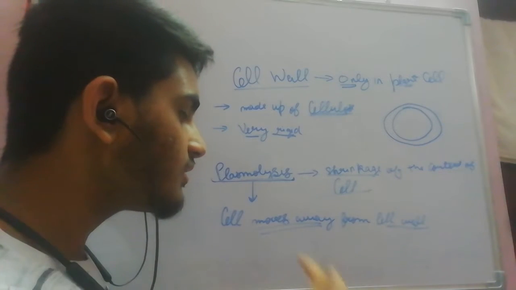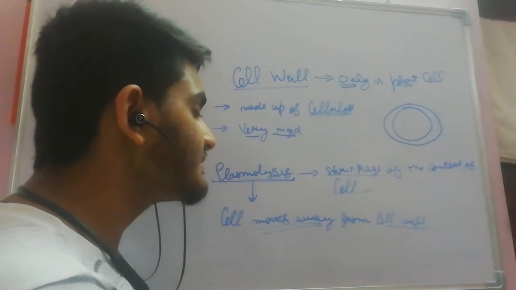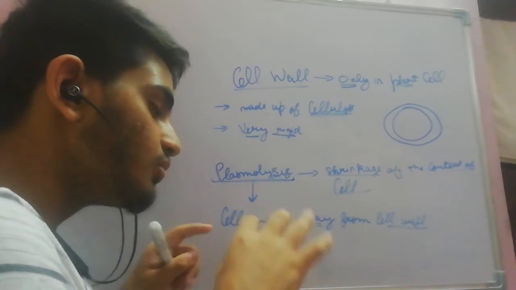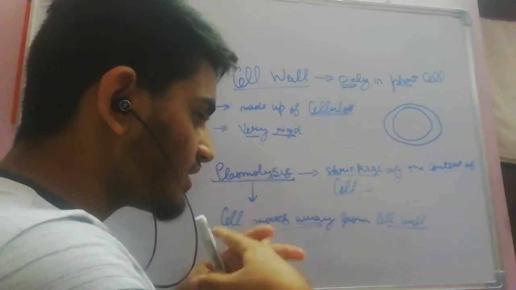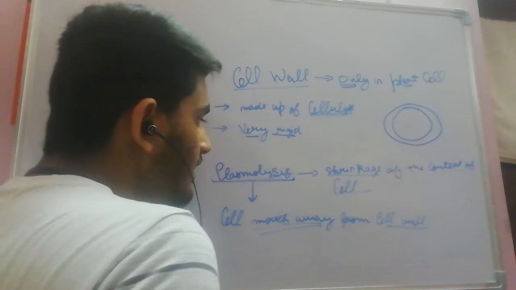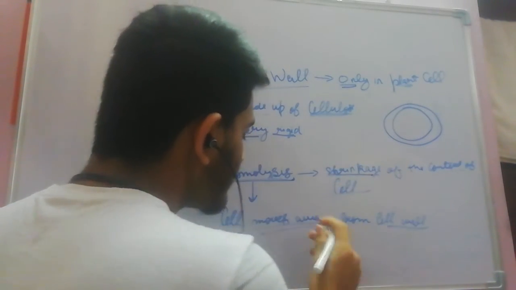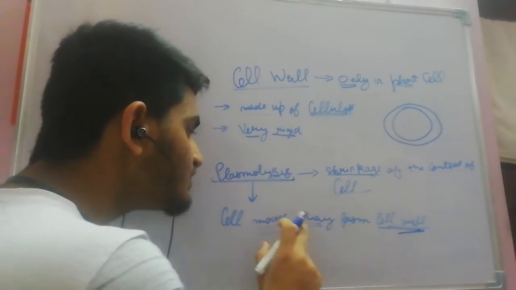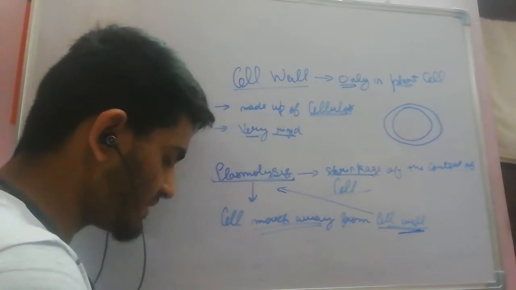So if the content of water is high as compared to the outside environment, the cell will lose the water, and after losing the water it gets shrunk. It becomes very small. Because of that shrinkage of the cell, it moves away from the cell wall. So when it moves away from the cell wall, that phenomenon is called plasmolysis.